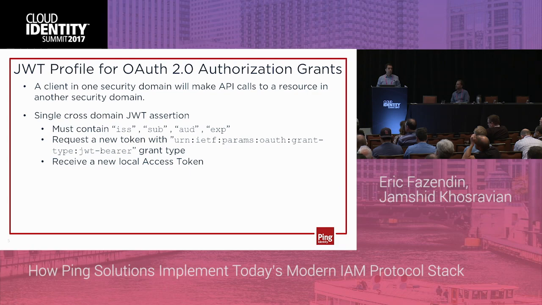That JOT assertion must contain an issuer, subject, audience, and expiry, and there are other things that can be included in the JOT that the second security domain's authorization server can make use of. The request should have a JOT bearer grant type, and it should include this JOT object.